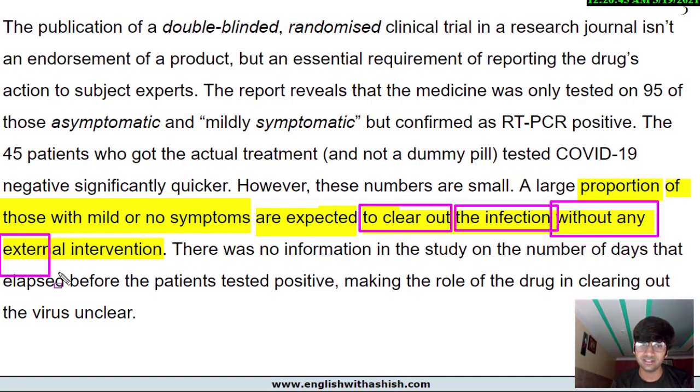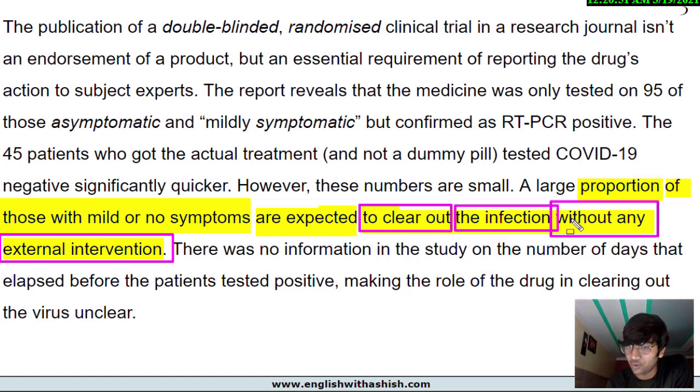Without any external intervention. So in the object, which is an infinitive phrase, we have the infinitive followed by the object followed by a modifying phrase, an adverb phrase. To clear out the infection. In what manner? Without any external intervention. So this modifying phrase is a prepositional phrase that's modifying the verb clear out.